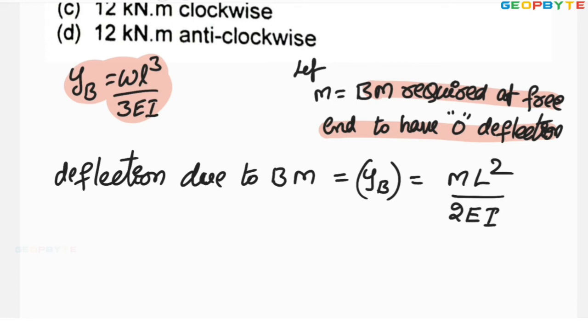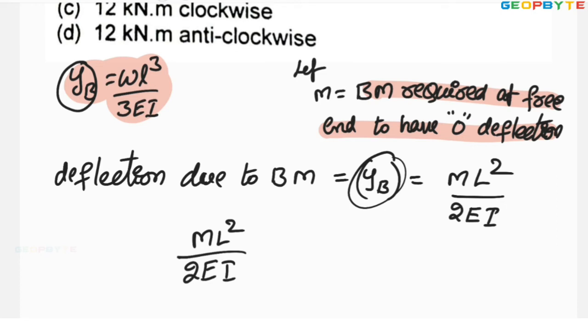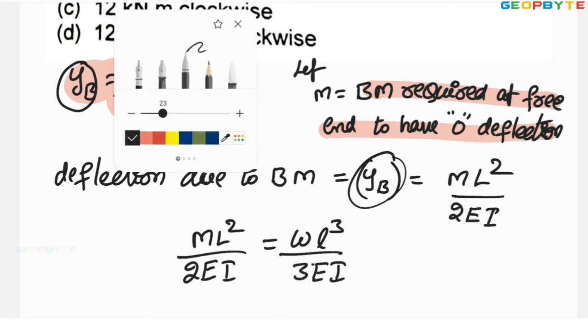Here the deflection should be 0. That means you have to apply the bending moment such that deflection should be 0. This means this YB and this YB both are equal. Therefore, M into L square by 2EI must be equal to WL cube by 3EI.